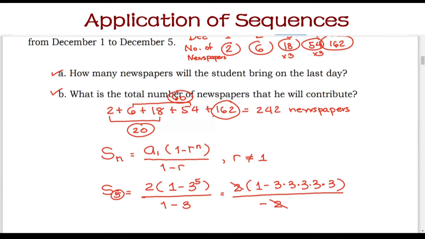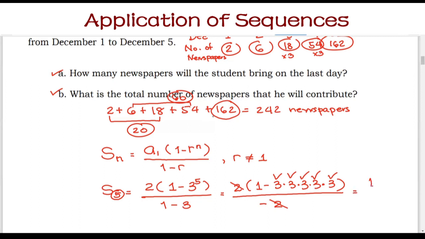May negative 1 lang sa ilalim. So again, what is 3 times 3? 9. 9 times 3? 27. 27 times 3? 81. 81 times 3. What do you get? You will get 243. So ito yung makukuha natin.